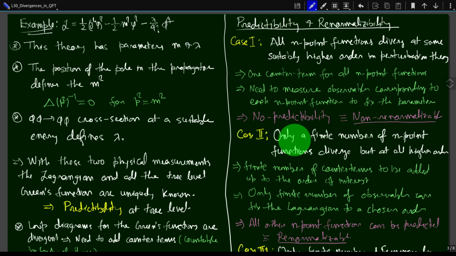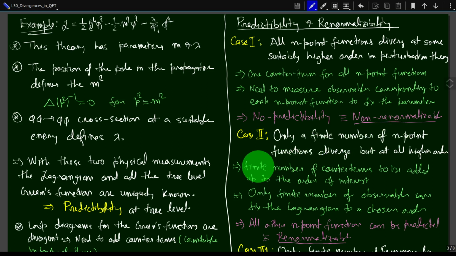Case 2 is that we have a finite number of n-point Green's functions diverging, but they diverge at all orders. Only a few of them, some finite number, will diverge, and others will not. So there are values of n for which the n-point Green's function will not be divergent at any order, but for the other cases it is divergent at all orders.